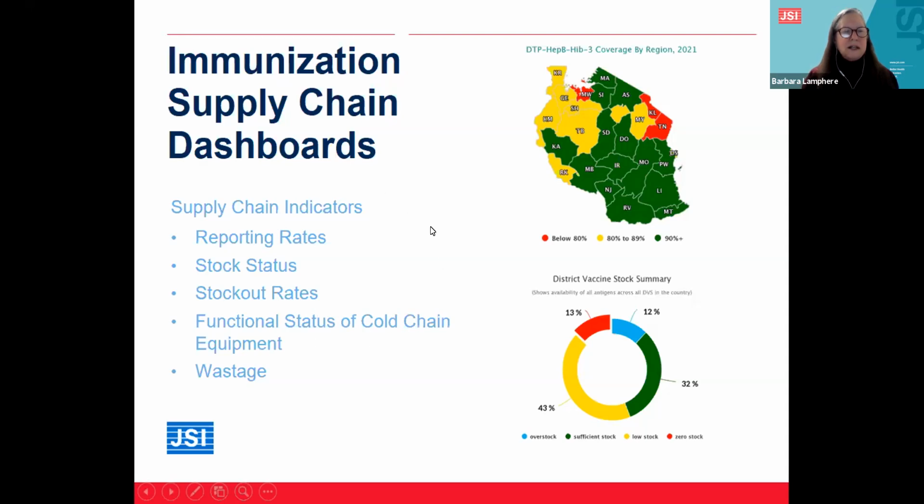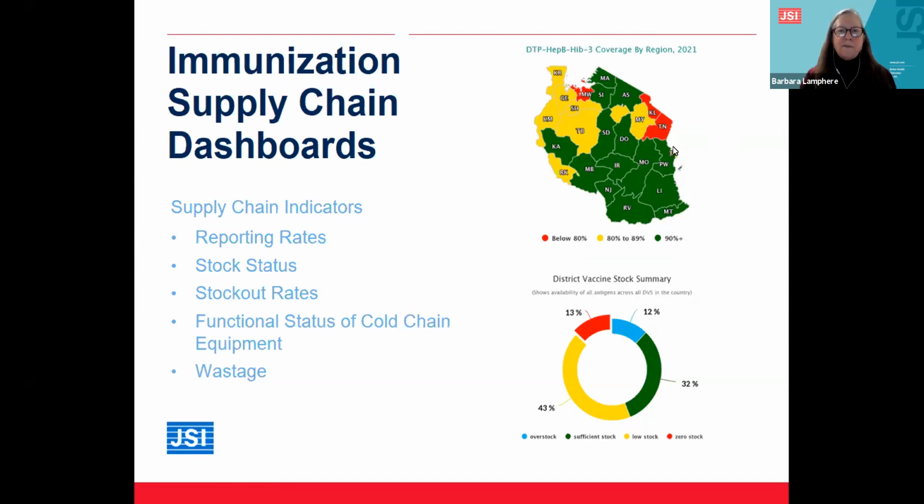It's really important that dashboards help you gather information on a series of performance indicators, such as these that are seen here on this slide. We looked at some of these performance indicators last time, but stockout rates, stock status, reporting rates, status of cold chain equipment, all of these things can be visualized on the dashboard.